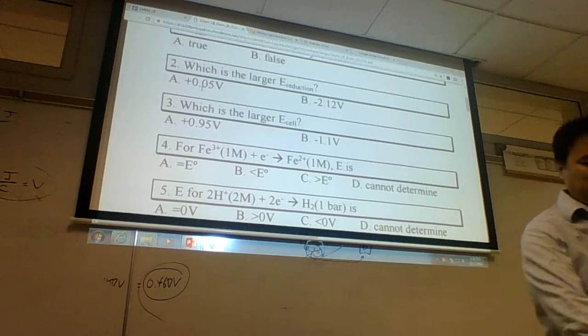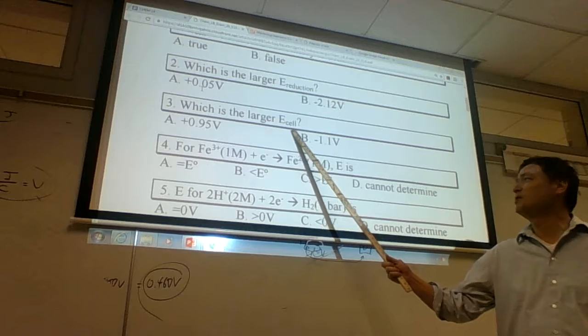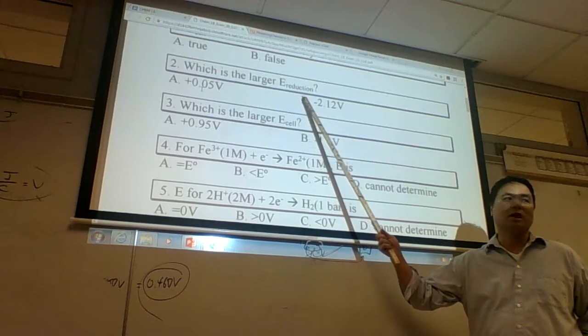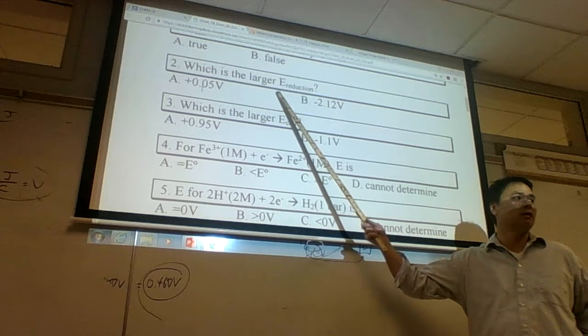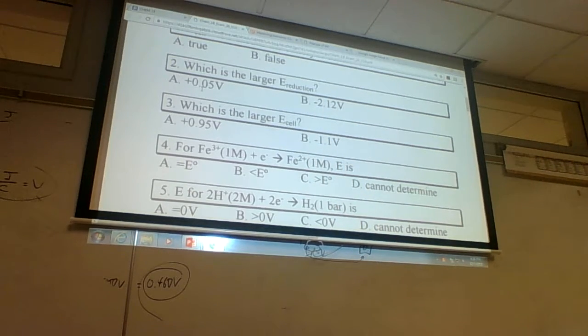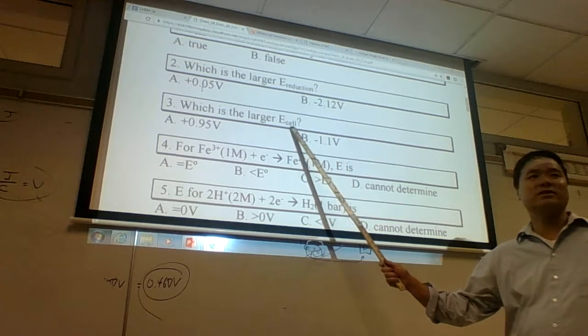And so this is the difference between a cell potential, which is a full potential, and half potentials. Half potentials are reduction potentials and oxidation potentials. Reduction potentials and oxidation potentials have an arbitrary zero. They're like Celsius. Cell potentials have an absolute zero, like Kelvin.